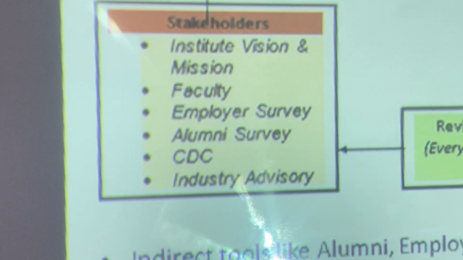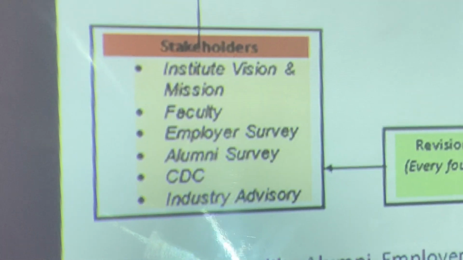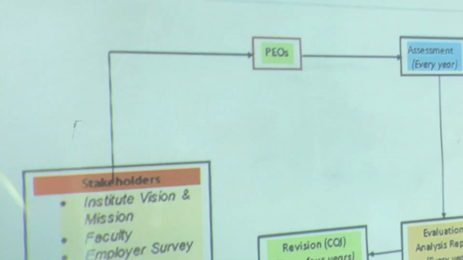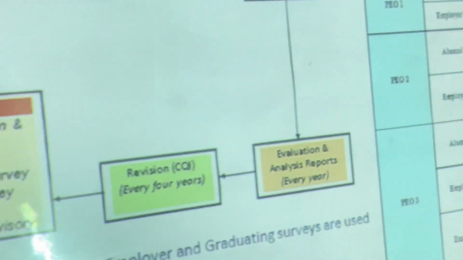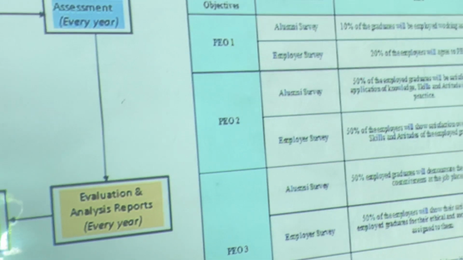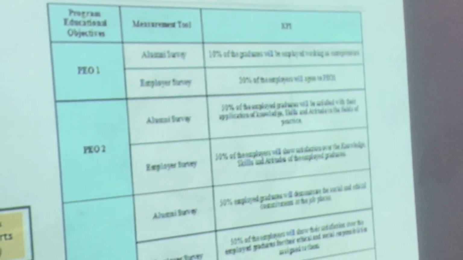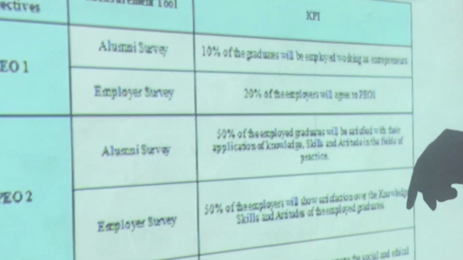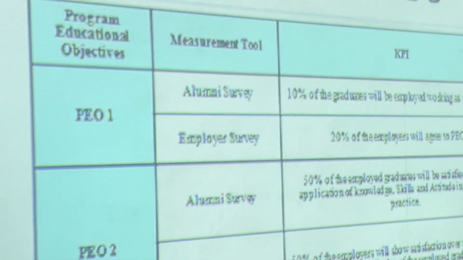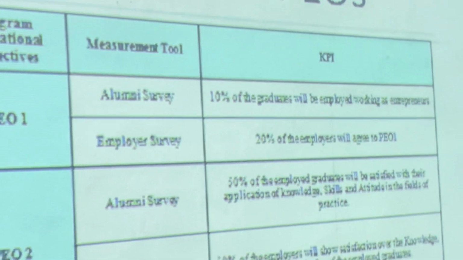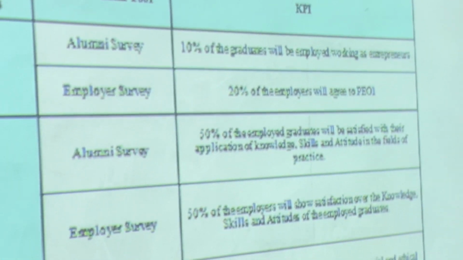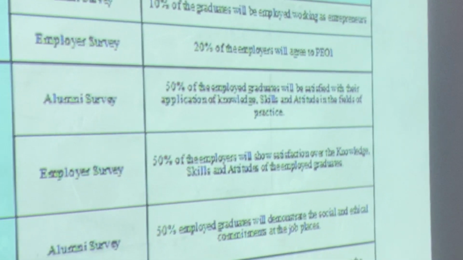The stakeholders are the institute vision, mission, faculty, employer survey, alumni, and industry advisory board. Most of them are from the indirect assessment method. And their attainment, look at this: 20% is from the indirect assessment and 80% from the direct assessment.